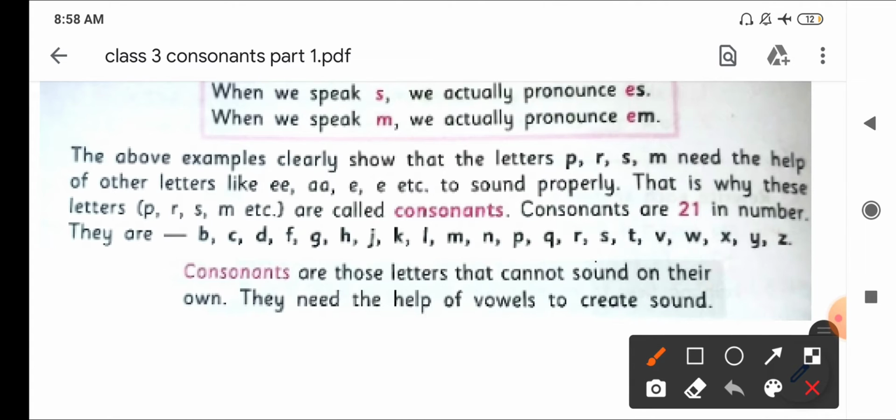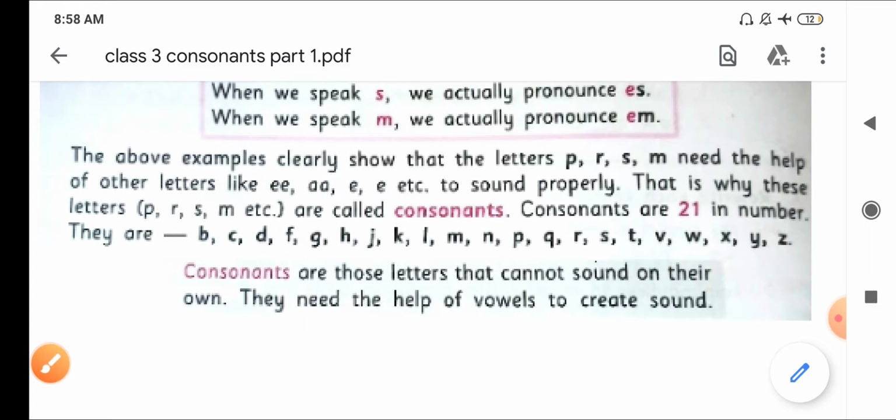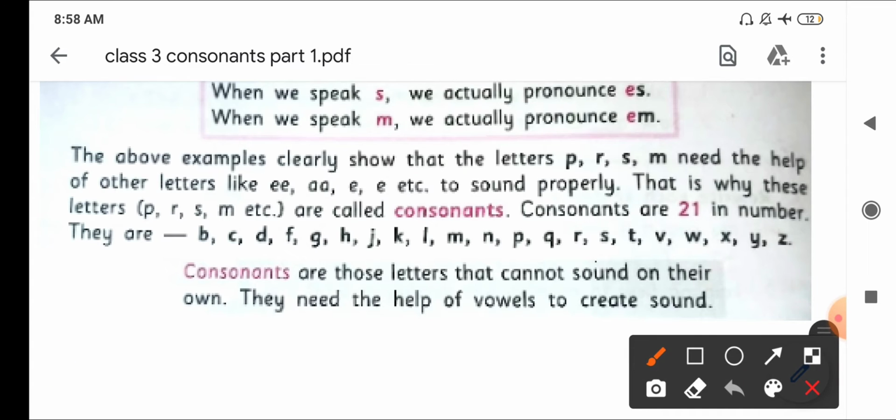We have gone through the examples. The above examples clearly show that the letters P, R, S, M need the help of other letters like E, A, etc.